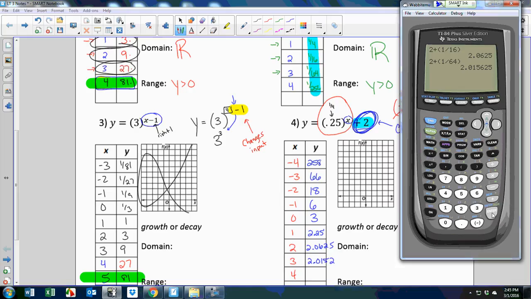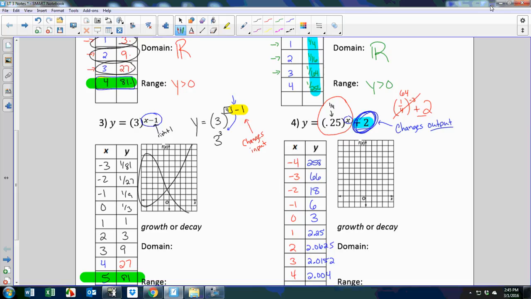And then the last one, adding 2 plus 1/256, 2.004, about 2.004.